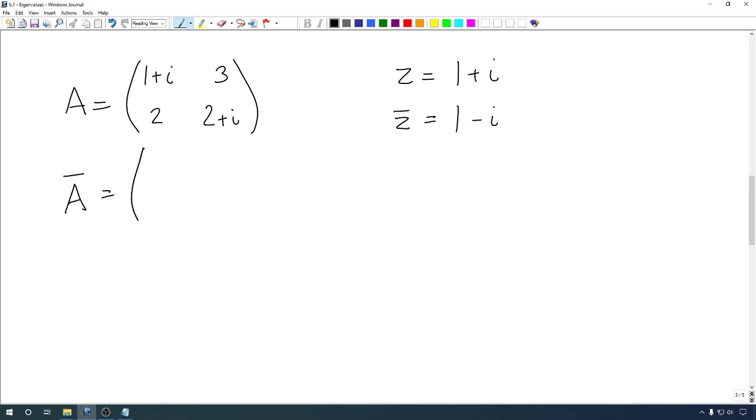This just means that we're going to take all the entries in A and we're going to take their conjugate the same way. So this 1 plus i will become a 1 minus i. The 2 plus i is going to be a 2 minus i. And of course, it doesn't change the 3 or the 2 because there's no i part in there. Those are real numbers. And that means that if A and A bar are the same, then A only consists of real numbers. So we say A is a real matrix.